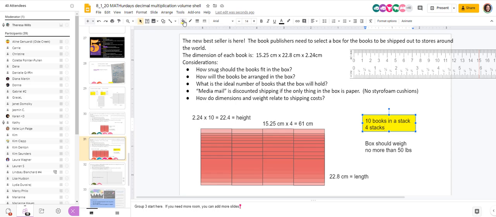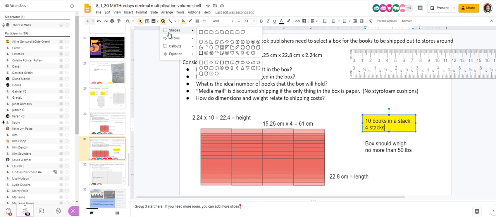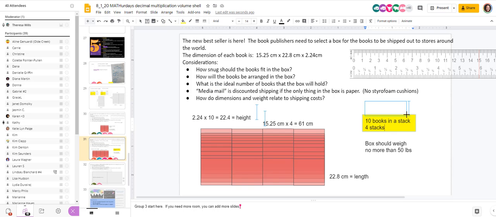I said 22.4, but 22 and 4/10 of a centimeter would be the height if you did a stack of 10 books. Okay, so we have 22.4, and what was the unit? Centimeters. All right, so these are both the same thing. You could say 10 books, or you could say 22.4 centimeters.